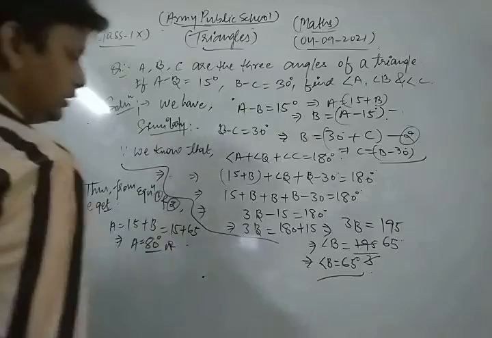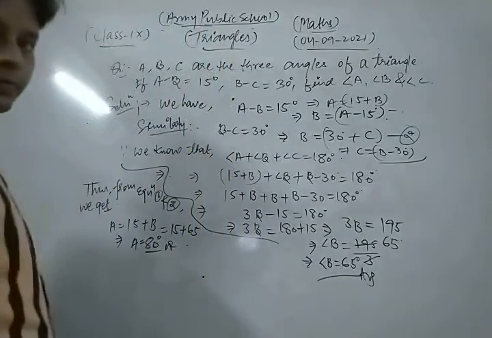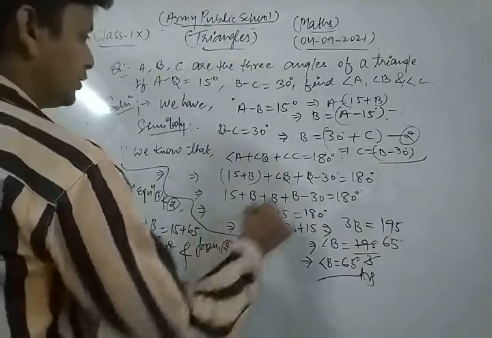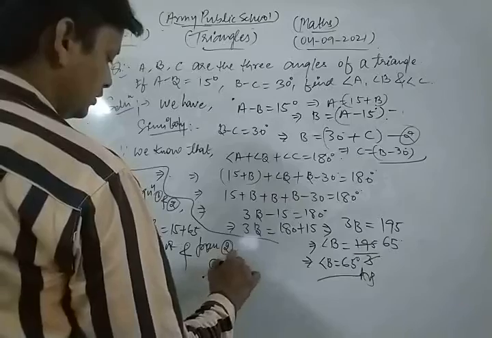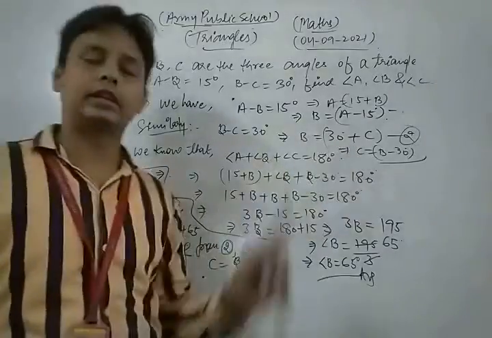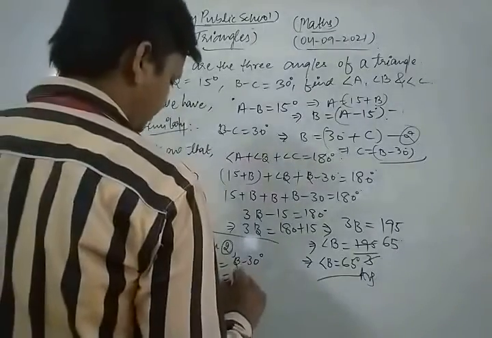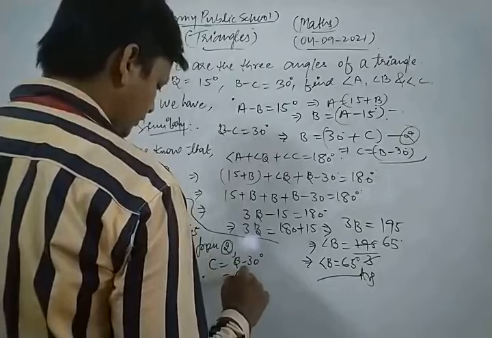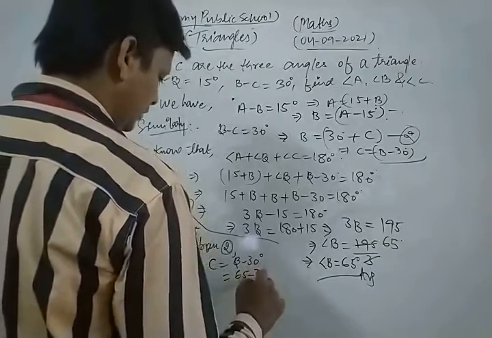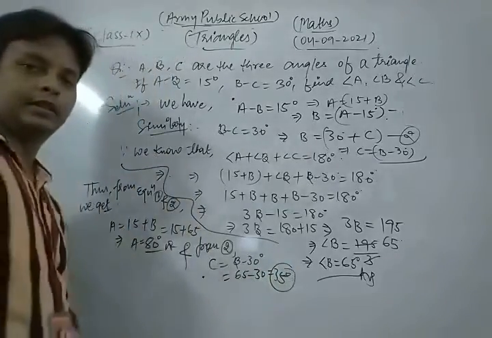This is another answer. This is the first answer, angle B. And from equation 2, angle C is equal to B minus 30 degree. With the help of the second equation, here B is 65 and minus 30, this is 35. This is another one.